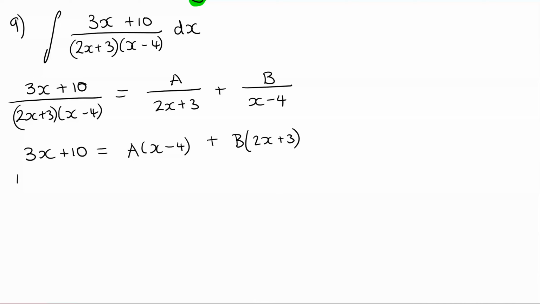Then I just make some substitutions. Firstly, I'll let x be 4, because what's going to happen is the first bracket on the right is just going to go to 0, which just means I can find what b is. So I'm going to do that. I get 22 on the left hand side, I get 11b on the right hand side, which means b is 2.